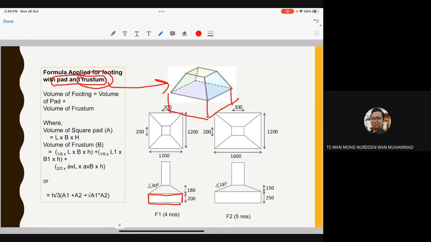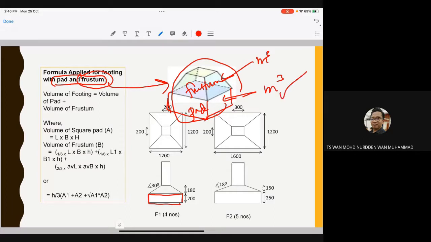Okay. So this is a pad. This is the frustum. Okay. So volume of the footing, so kesemua ni adalah volume of pad, this one in meter cube, and volume of frustum. Okay. So volume of pad tak ada masalah.